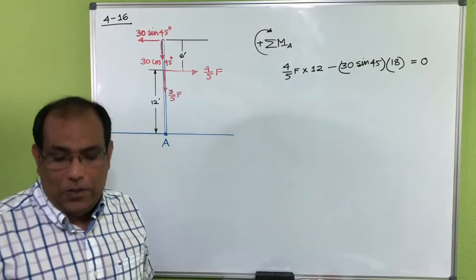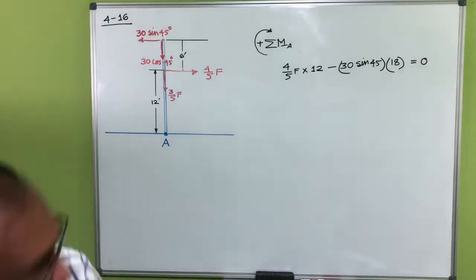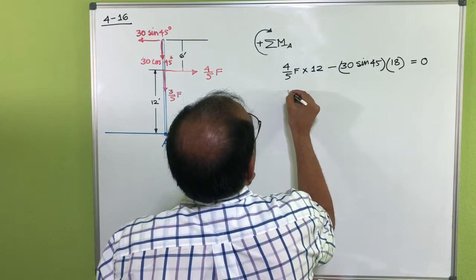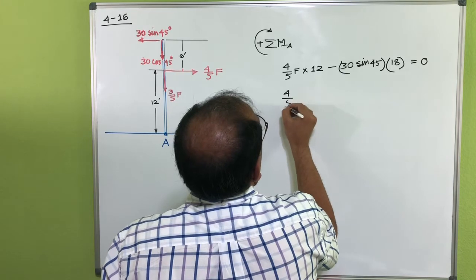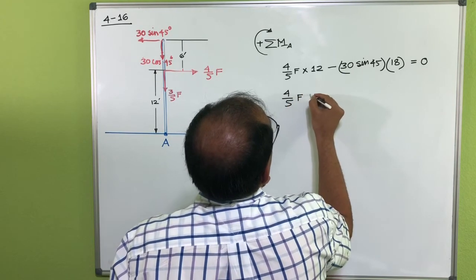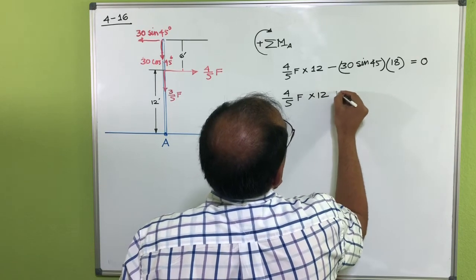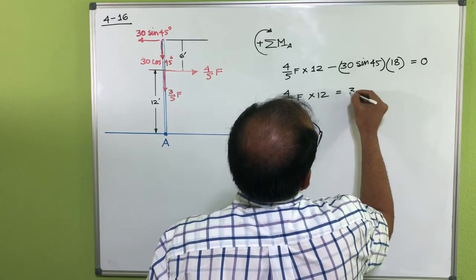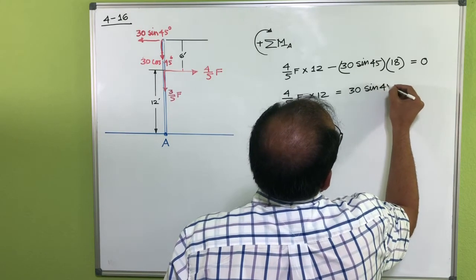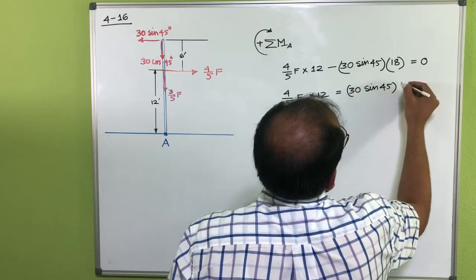Okay? So if I solve for my F here, 4/5 of F into 12 is actually 30 sine 45 multiplied by 18.